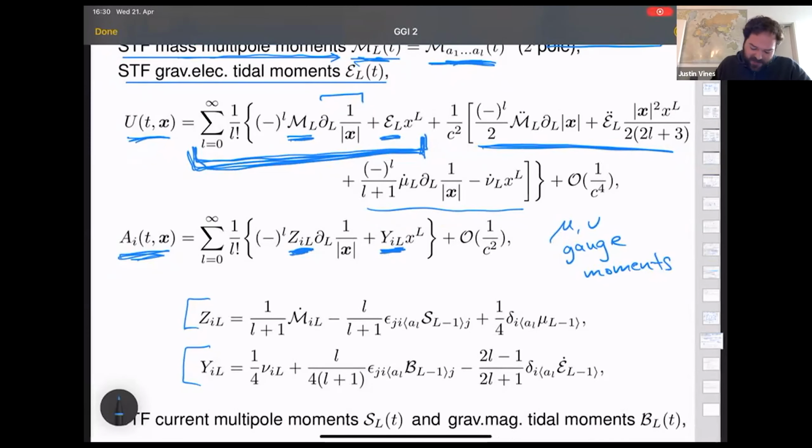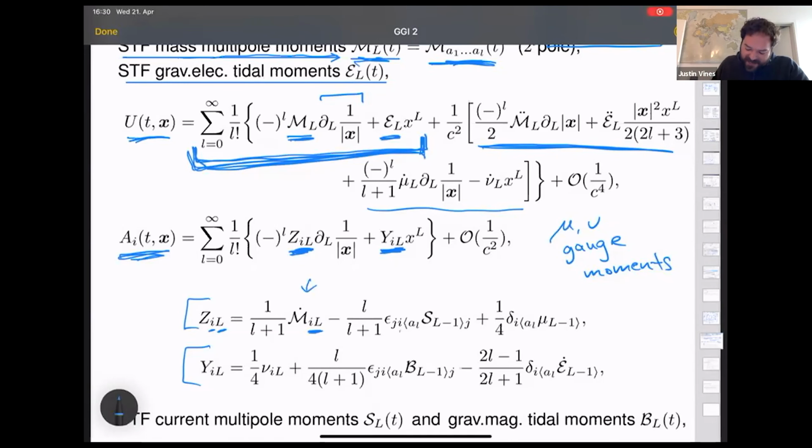So when we have one index and then a bunch of other indices, which are STF, the three irreducible pieces are a part which is totally symmetric and trace-free, which it turns out is determined by the time derivative of the mass multipole moments.